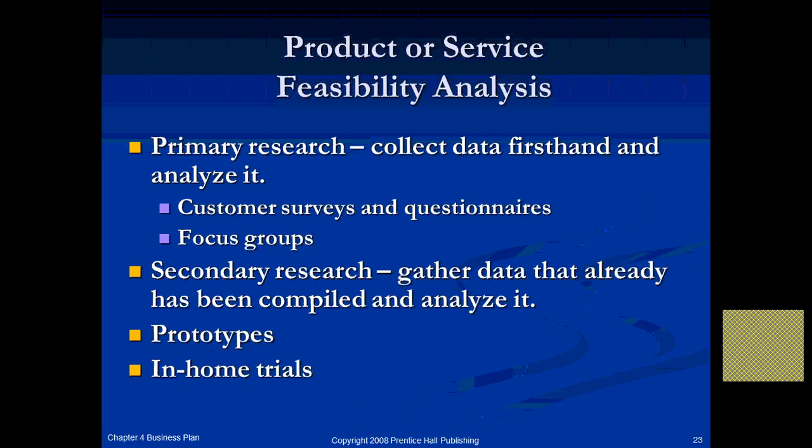We look and see how the customers actually use the product or service while it's at home. So we send the researchers into the customer's home to observe them as they use the company's product or service, whatever that is. And just to go back and look at the prototype: a prototype is an original functional model of a new product that entrepreneurs can put into the hands of potential customers so that they can see it, test it, and use it.